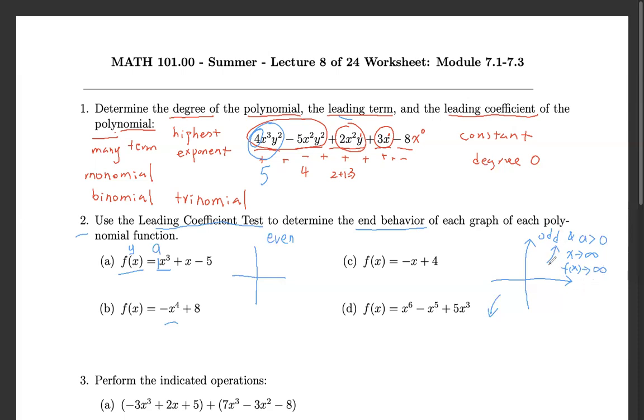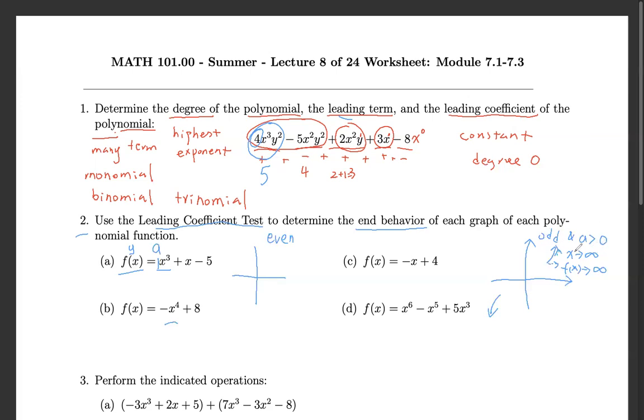Because you see this, if we draw a little triangle here, horizontally it goes this way to positive infinity, and vertically it goes to positive infinity also. That's the end behavior for an odd degree polynomial with a positive leading coefficient.